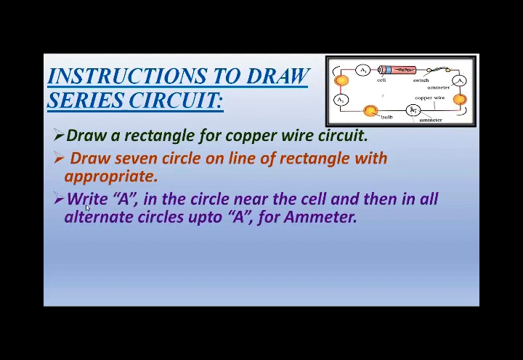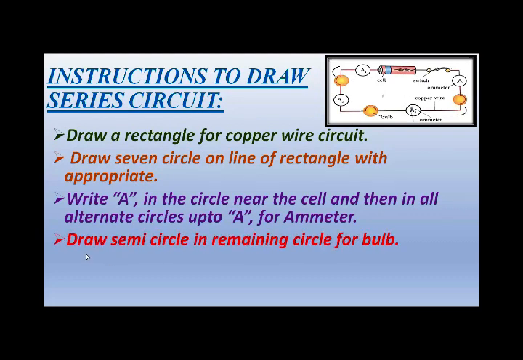After it, you will write A inside the small circles. A is the symbol for the ammeter. So you will write it in 1, 2, 3, 4 circles. After it, draw a semicircle in the remaining circles for the bulb, meaning inside the bulb we will draw another semicircle.